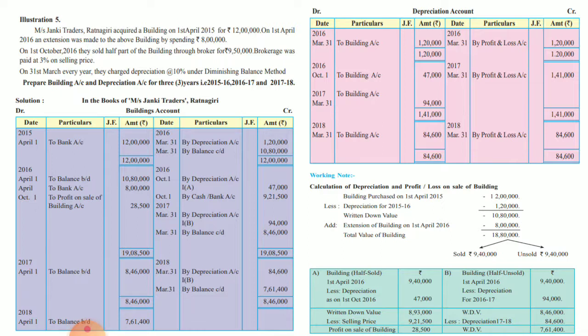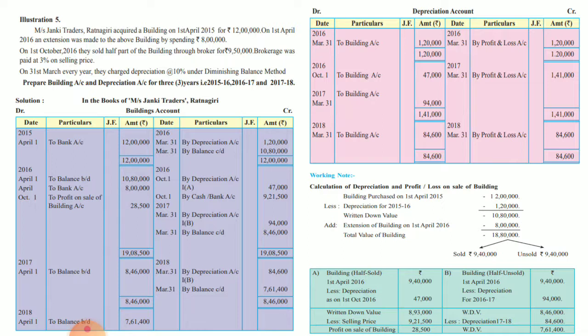On 1st March every year they charge depreciation at 10% under the diminishing balance method. Prepare the building account and depreciation account for the first 3 years, that is 2015-16, 16-17 and 17-18.